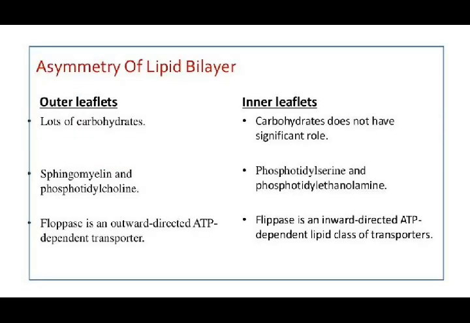Asymmetric lipid bilayer. Outer leaflet, inner leaflet. The outer leaflet has a lot of carbohydrate. In the inner leaflet, carbohydrate does not have a significant role. Sphingomyelin and phosphatidylcholine are present in the outer leaflet.